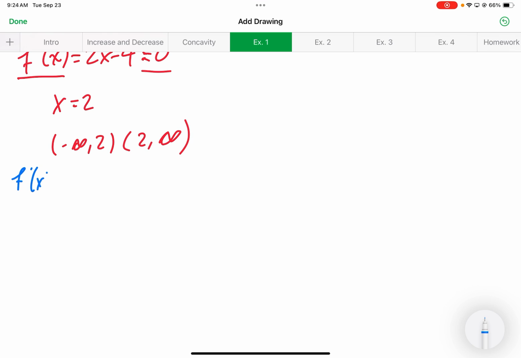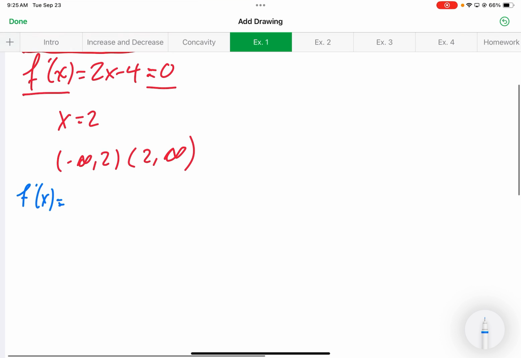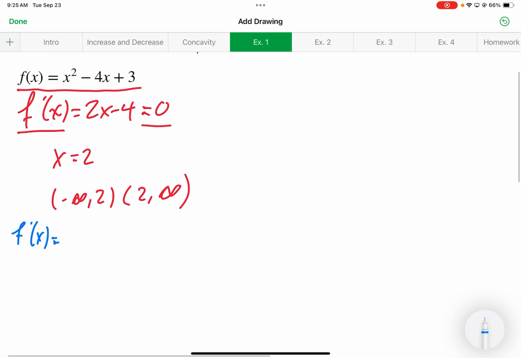So now for these intervals, I just pick a number that's between negative infinity and 2, and then I plug it into my first derivative. If my first derivative is positive, it's increasing. If my first derivative is negative, it's decreasing. From negative infinity to 2, what number do you want to plug in? 0. Easiest one.